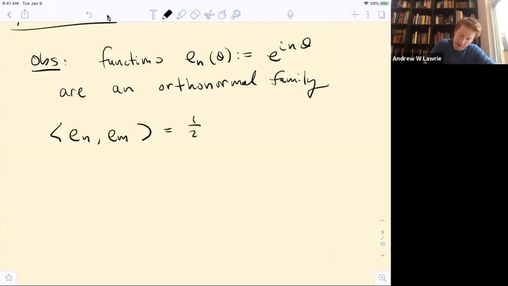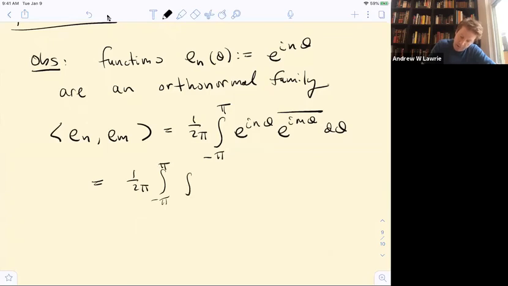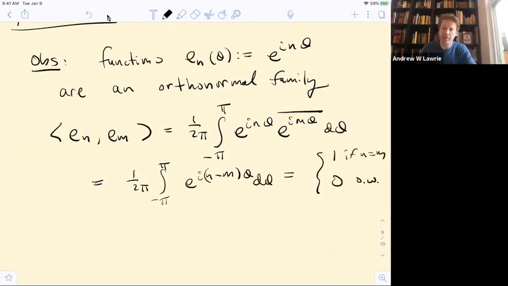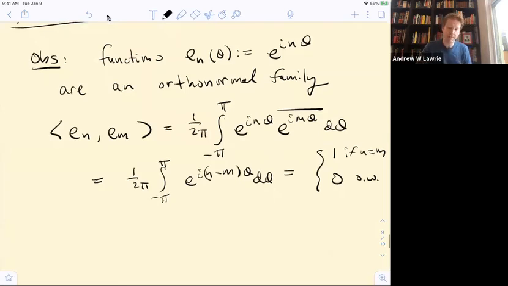This is equal to 1 over 2 pi, this crucial computation, integral of e to the i n theta times e to the i m theta bar d theta, which is just equal to 1 over 2 pi, integral from minus pi to pi of e to the i (n minus m) theta. This is equal to 1 if n equals m and 0 otherwise. Right, so this is an orthonormal family of functions, and as we'll see, in some sense this is like a basis.